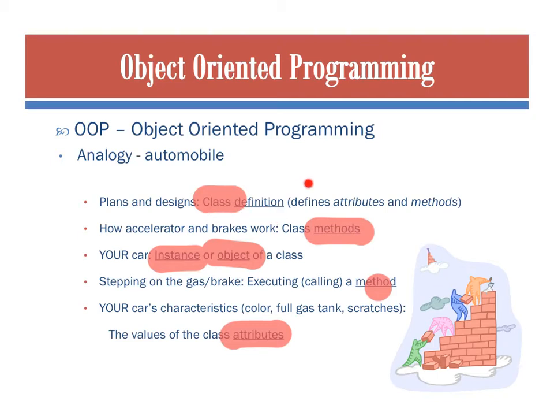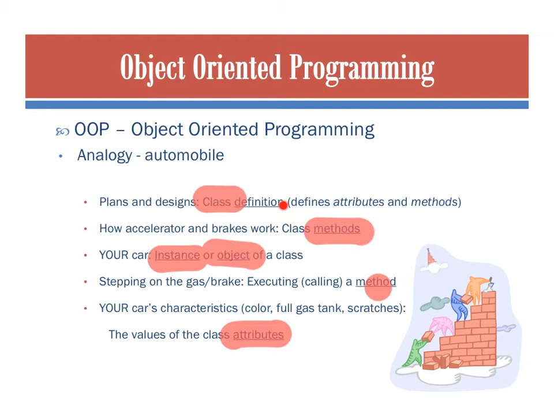In this definition, we're basically defining what attributes or characteristics we have, and what methods or functionality we have. The attributes are the characteristics, and the methods are the functionality or the behavior. But the class definition is simply a blueprint. We still do not have a car.